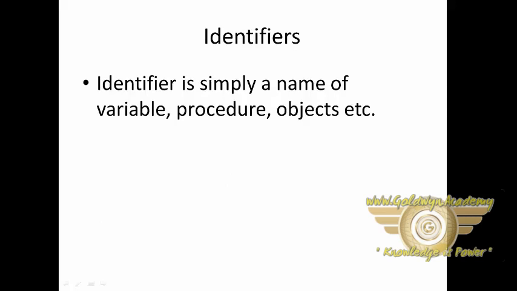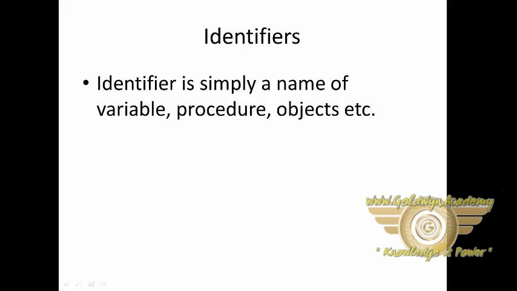Identifiers. An identifier is simply a name of a variable, procedure, or object. That means if you want to identify a variable, procedure, or object, you'll call it by its name, that is identifier. In real world, we identify people by their names.